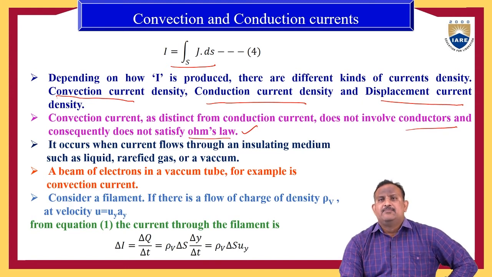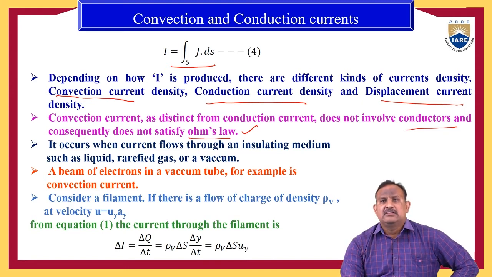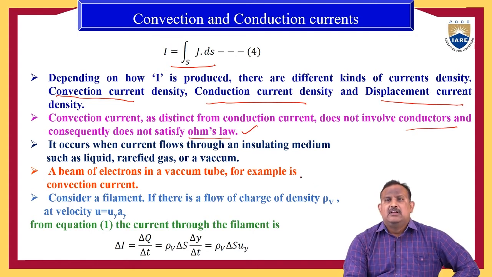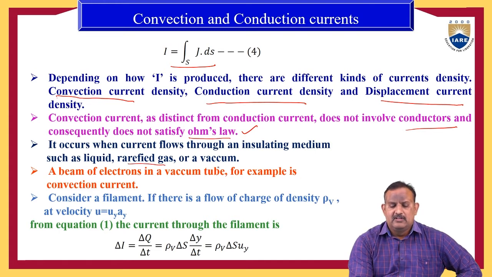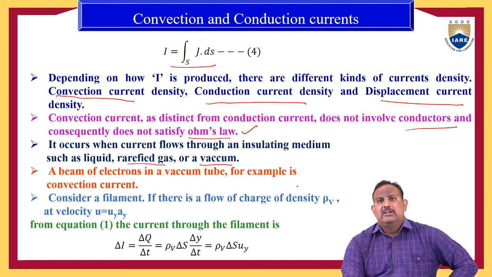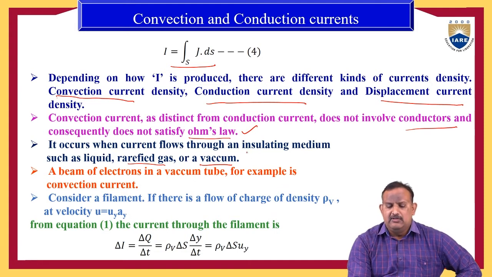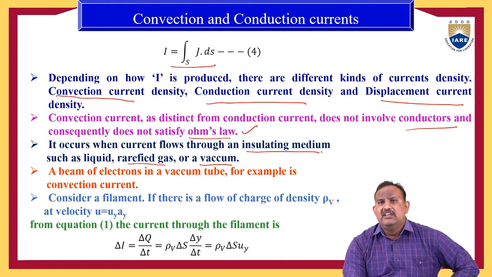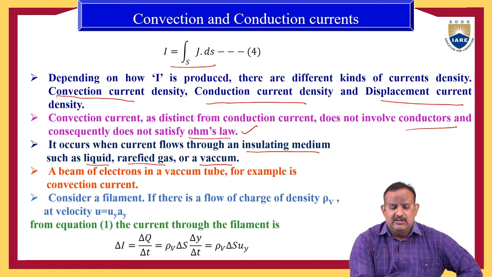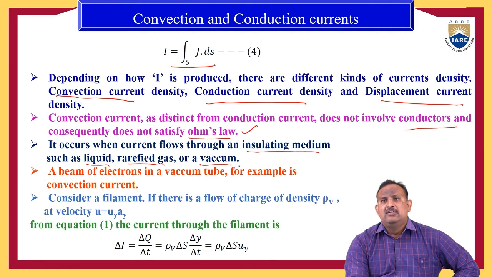The convection current density occurs when current flows through an insulating medium such as a liquid, rarefied gas or vacuum.